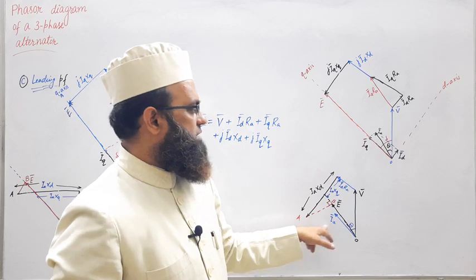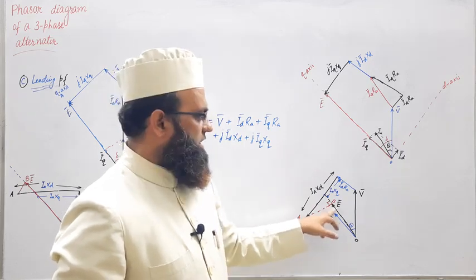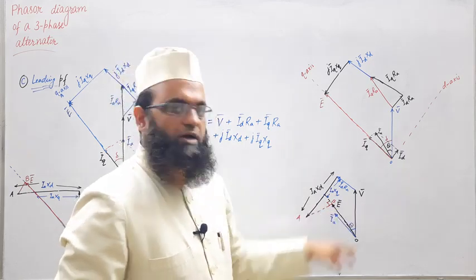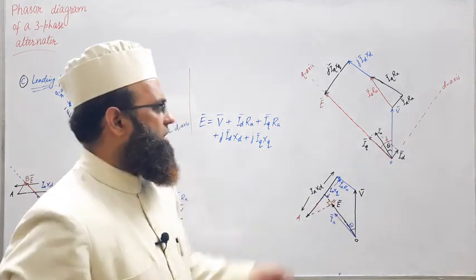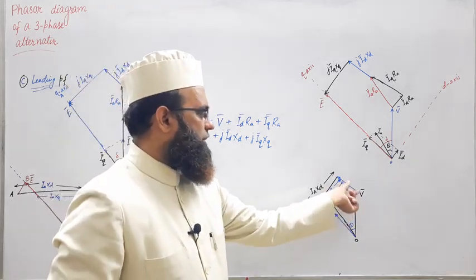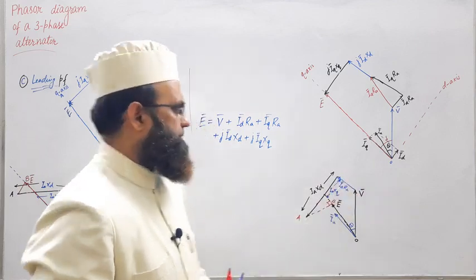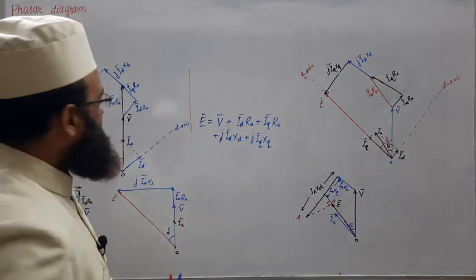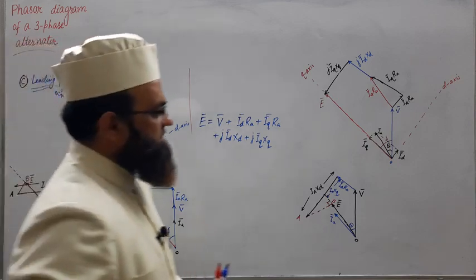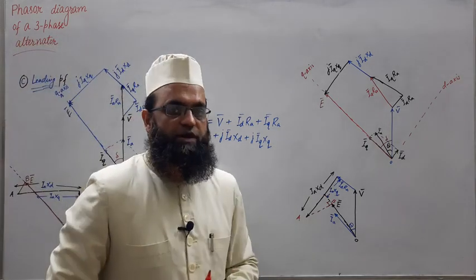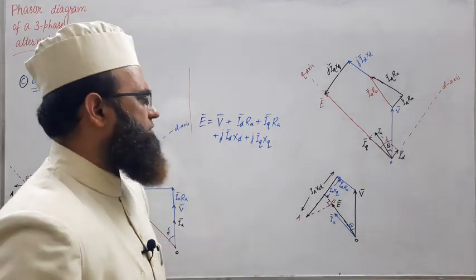This is the leading power factor case, that is why you are getting E even lesser than V, but this is not always the case. It will depend on the dimensions of these two. But in case of lagging, you might have observed that E is always greater than V in case of lagging power factor. We will discuss this later while solving problems.